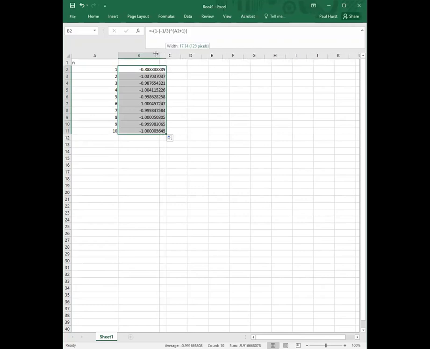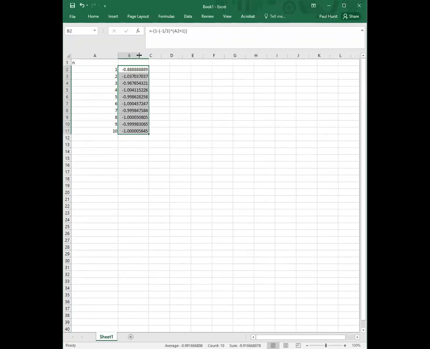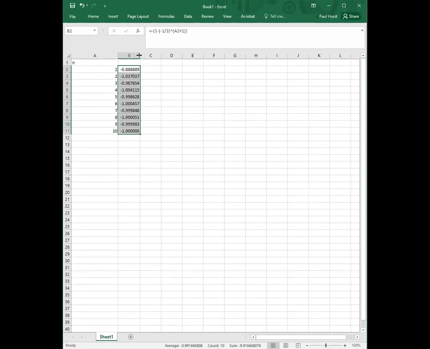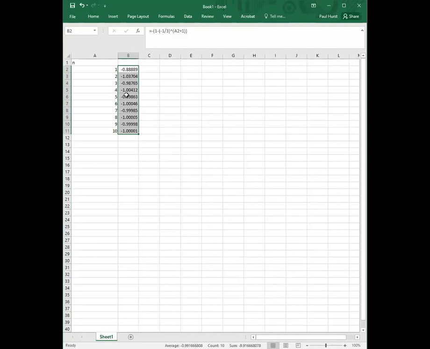That calculates all of them, and then it says round it to 5 decimal places. If I move this over to the right spot, I adjust this until every single one is 5 decimal places.